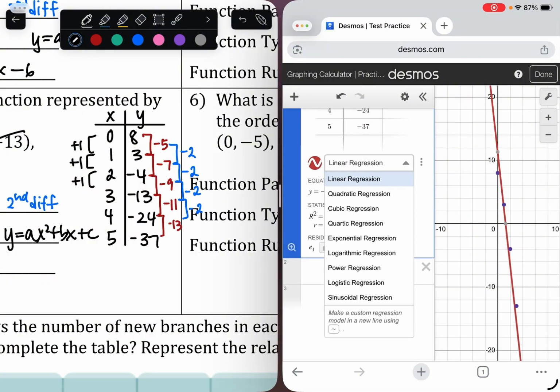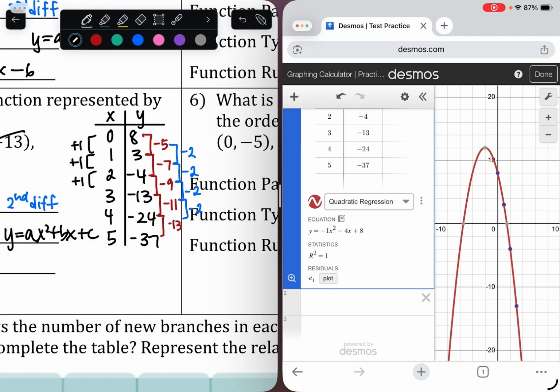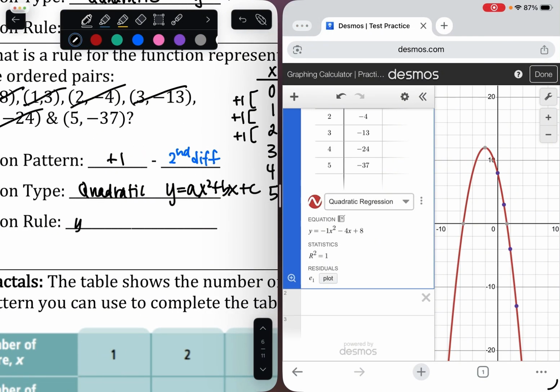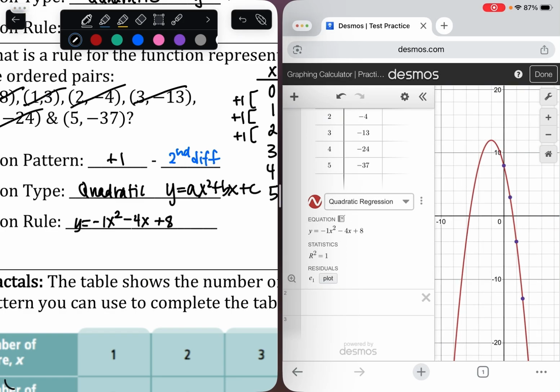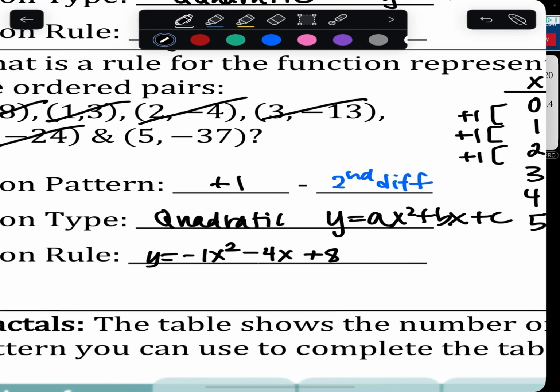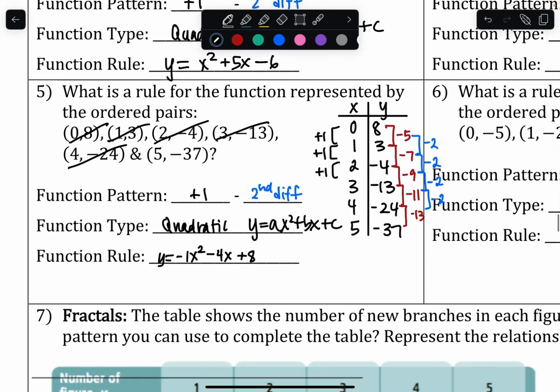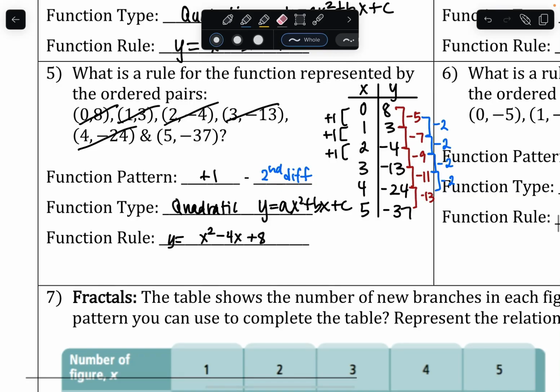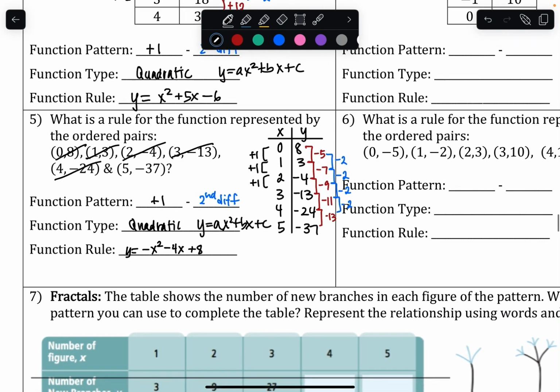Click that, choose quadratic, and we see our equation is -1x squared minus 4x plus 8. And you can also see it graphs it perfectly through the points on my graph. Okay, and so once again, I will probably leave the 1 invisible and just write -x squared. But either one would be correct.